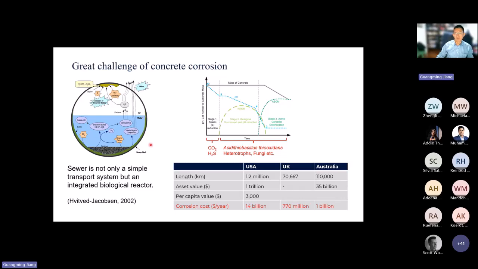In the past we treated this as a physical or chemical system, but one of our pioneers in sewer processes said the sewer is not only a simple transport system, it's also a biological reactor. With more and more studies, we understand there are lots of bacteria in biofilms, in sediments or in suspended form, doing all sorts of biological transformation.